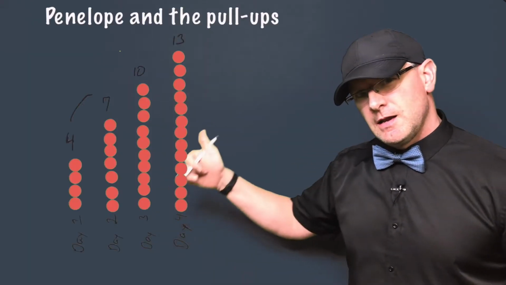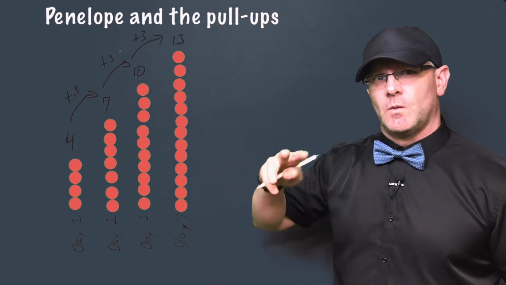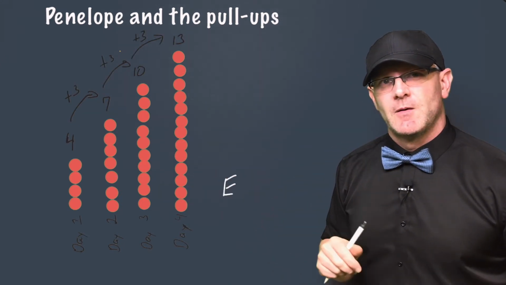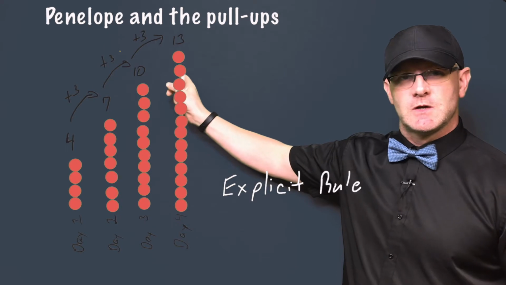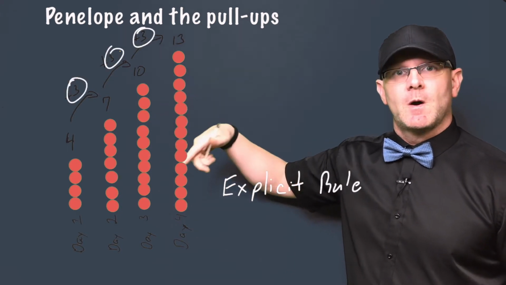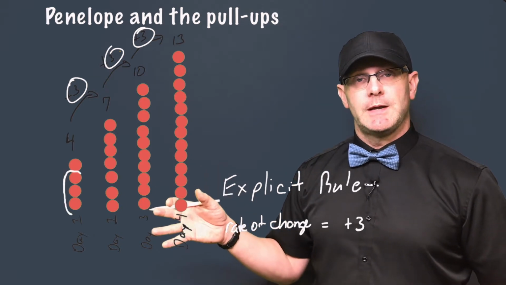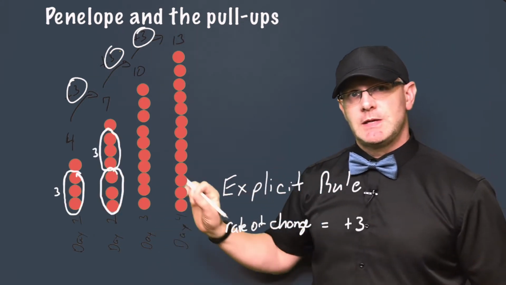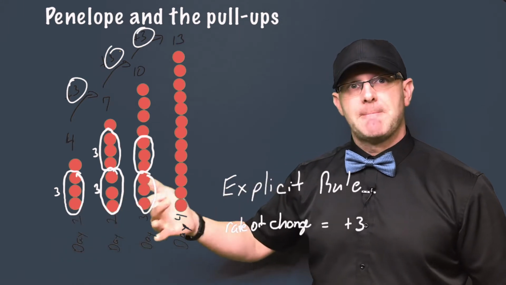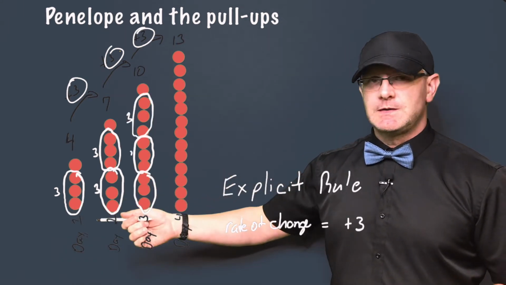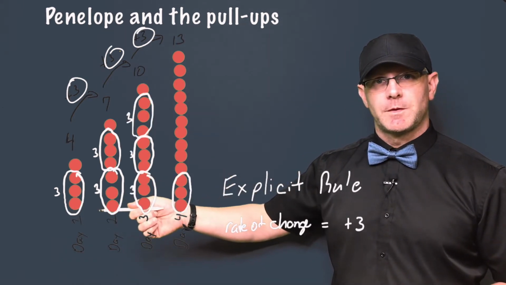Next thing we're going to do is look at how we write the explicit rule for this linear function. I know I introduced this video saying quadratic, and here I am giving you linears. We need to build this as part of our background. We see that our rate of change here is constant, a constant rate of change of 3. So I'm going to see, is there a relationship between that 3 and my day number? I look at day 1, there's 1 group of 3.